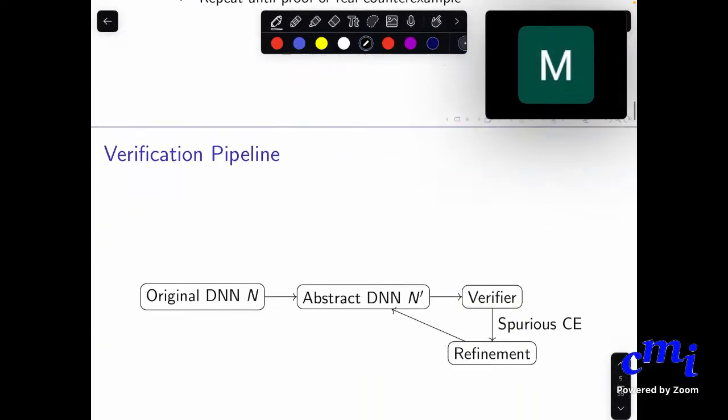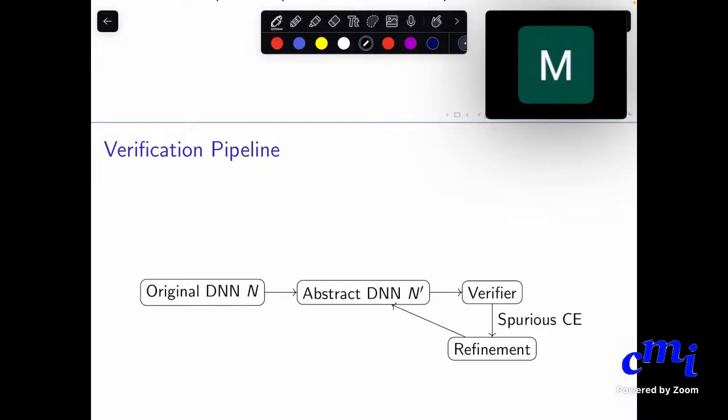The verification pipeline is as follows: there is an original DNN N, then an abstracted DNN N dash, which we feed to the verifier. It either proves the property or comes up with a real counter example.